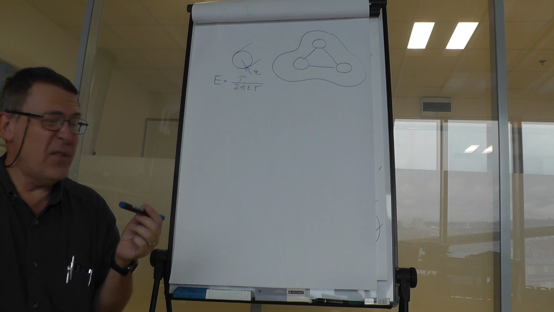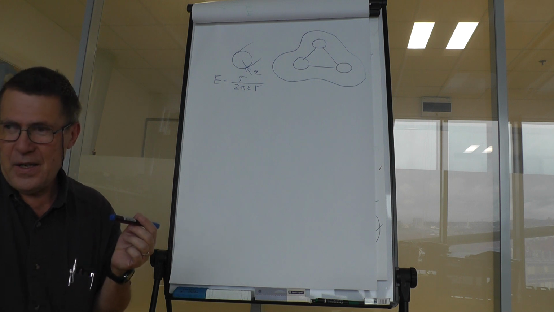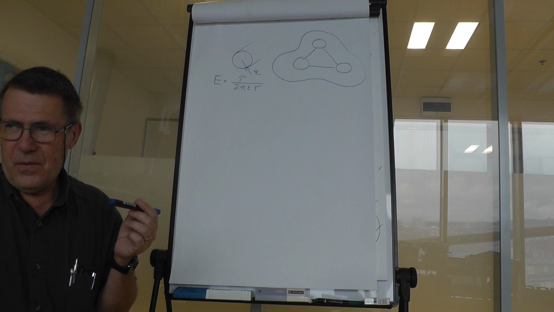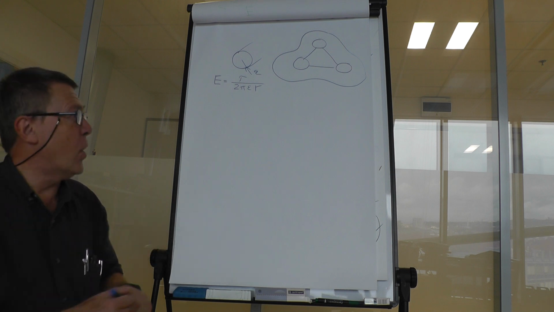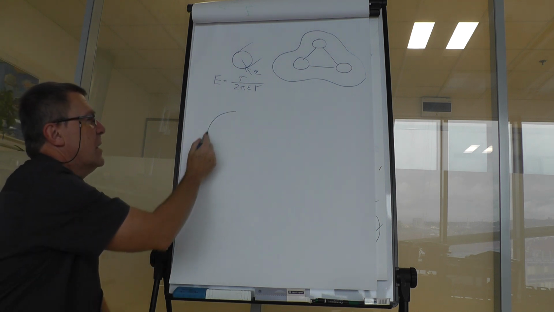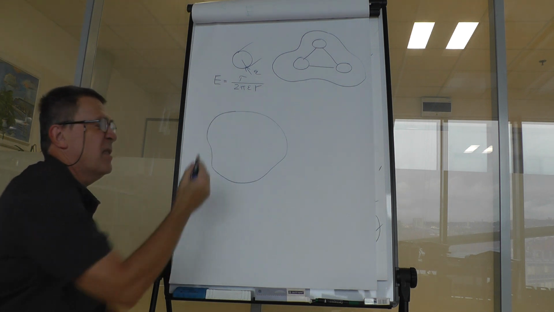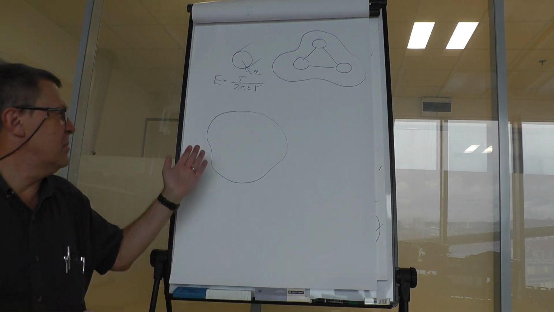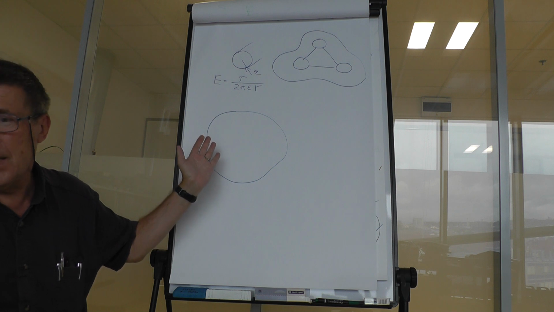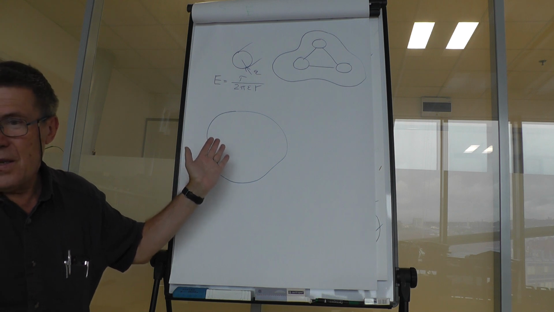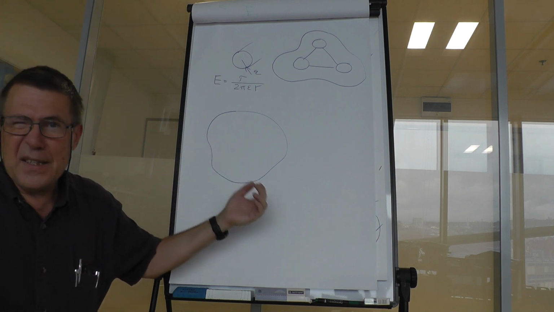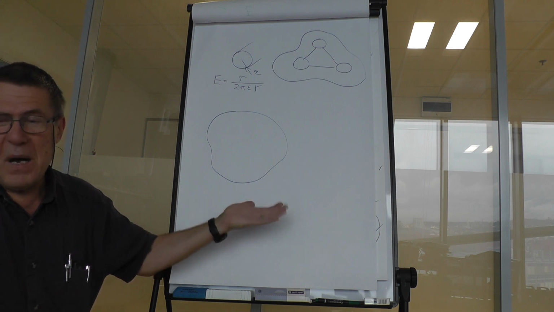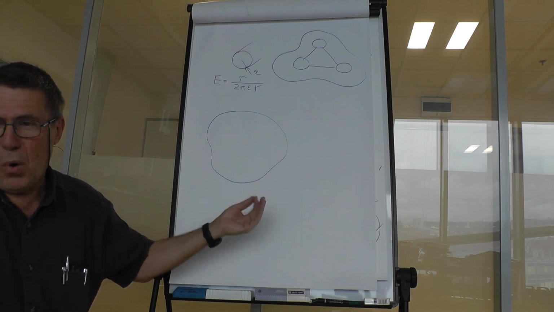And now, if you have this situation, and you, for example, form a closed surface, a ball, an irregular ball, for a steady current case, it must hold an important point.